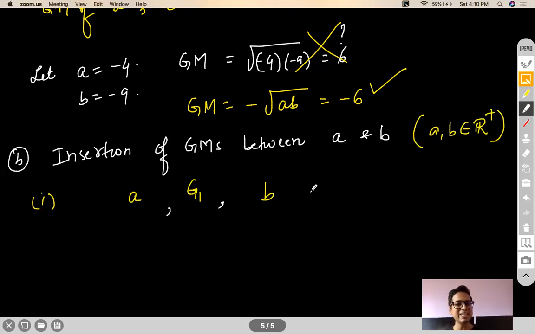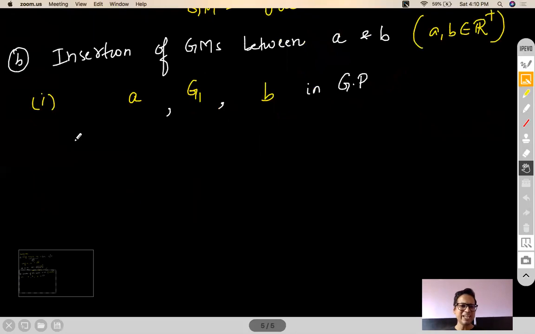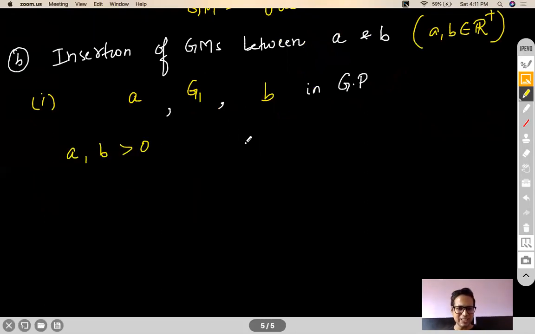So these three should be in geometric progression, but G1 should be such that it is supposed to be between the numbers. Now, one small thing that I would like to highlight over here: if A and B are positive, let us say G1 by A is equal to B by G1.